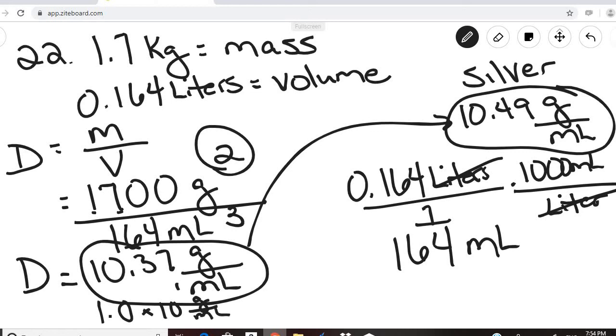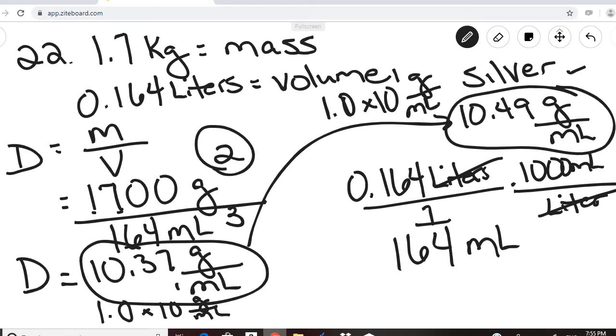And the same thing if we report this number to 2 significant figures, it's also going to be 1.0 times 10 to the 1 grams per milliliter.